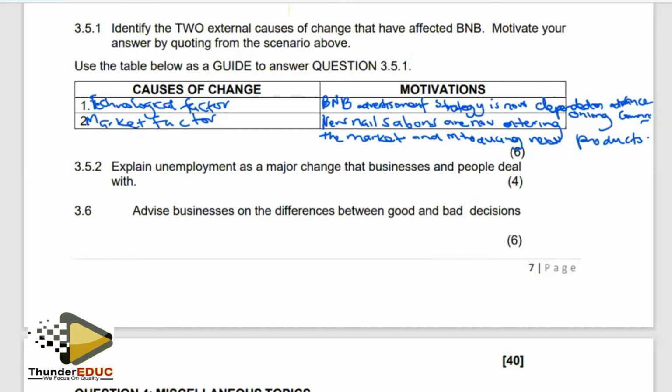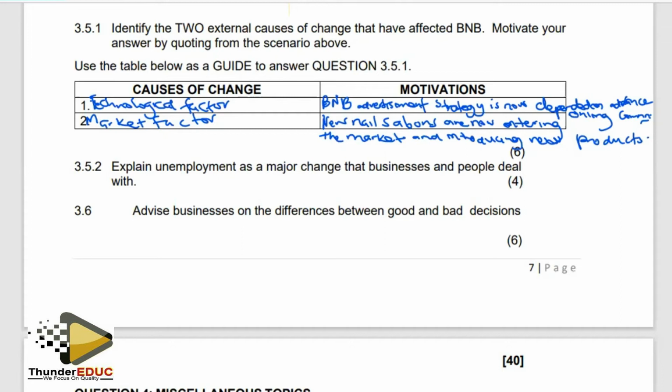Question 3.5 requires a candidate, a learner, to explain unemployment as a major change that a business and people deal with. What does this question require?